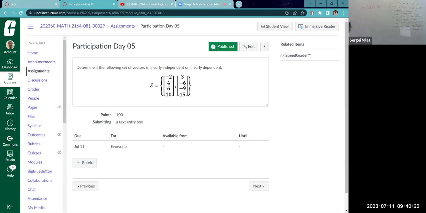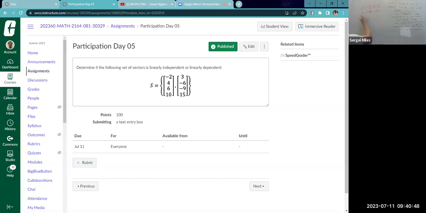So if these vectors are multiples, that scalar, negative 3/2, should work for each entry. Okay, well, 4 times negative 3/2 is going to be negative 6, right? Because 4 divided by 2 is 2, and 2 times negative 3 is negative 6.